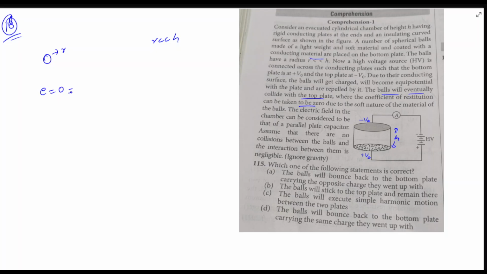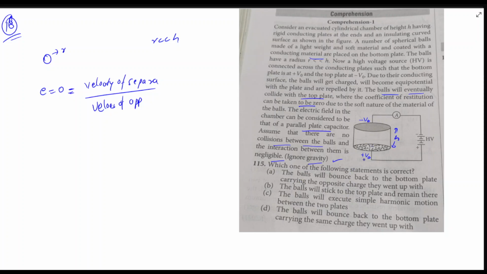So e is 0, and e is velocity of separation upon velocity of approach. Now, if this is 0, then velocity of separation is 0. That means they stick, like their final velocity becomes 0. Soft material. Okay, the electric field can be considered due to the plate. Assume that there is no collision between the balls and interaction between them is negligible. Also ignore gravity. Perfect. Which of the following is correct?